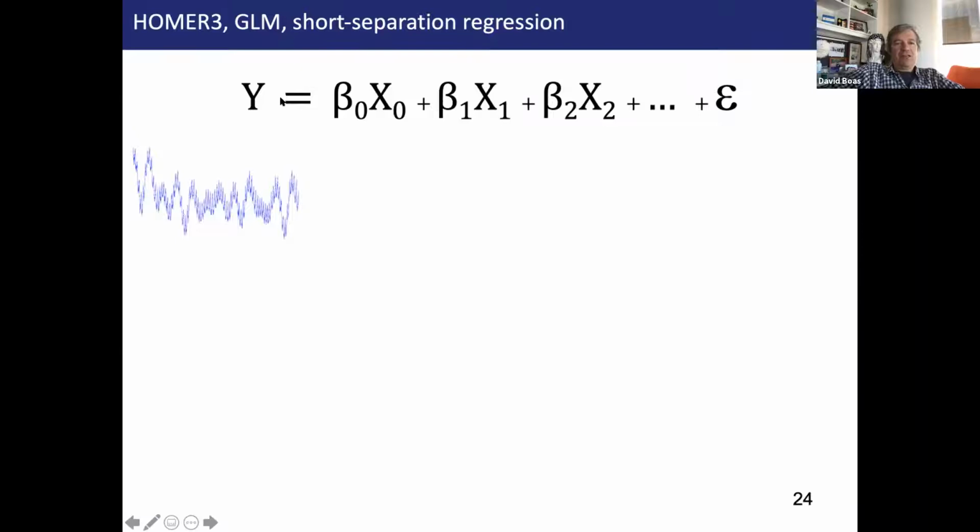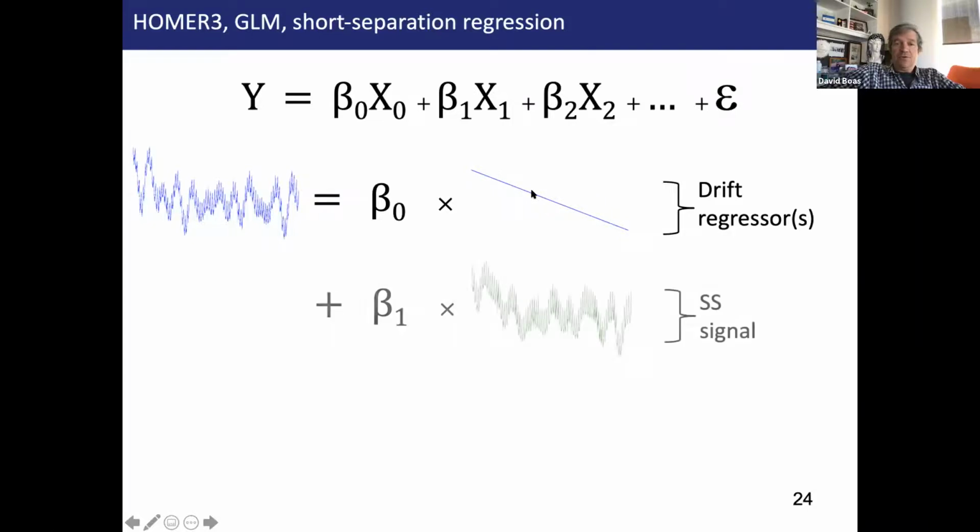So we have our measurement Y. That's what the long separation channel might look like. We're going to add a drift regressor. We can add any number of polynomials; we'll typically go up to a third order polynomial. So there'd be a constant term, a linear term, a quadratic term, and a cubic term added as drift regressors.